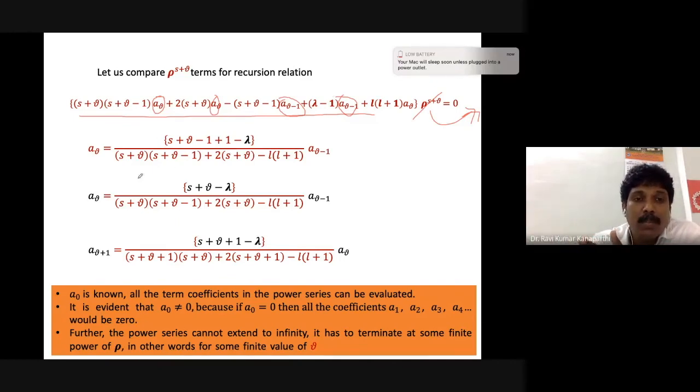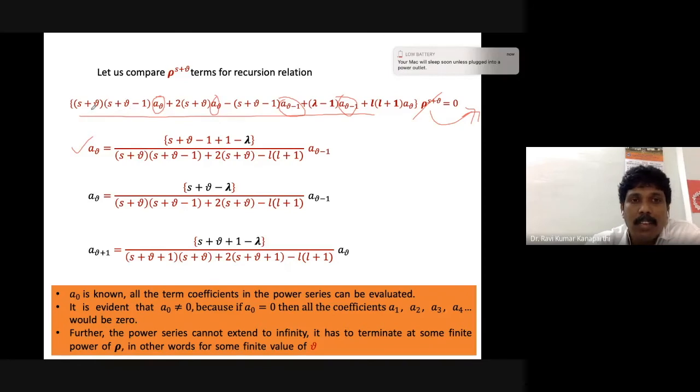When you do that, you will get this type of relation, and you try to simplify it in the numerator. It is fairly simple, you can just guess it, a simple mind calculation.